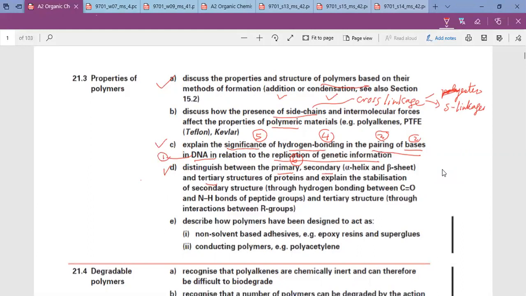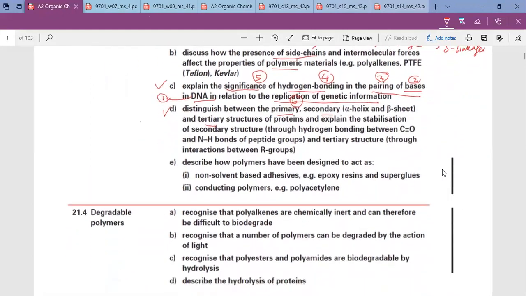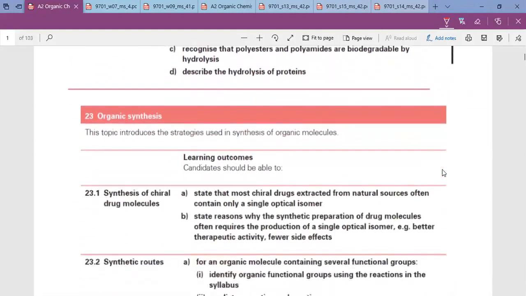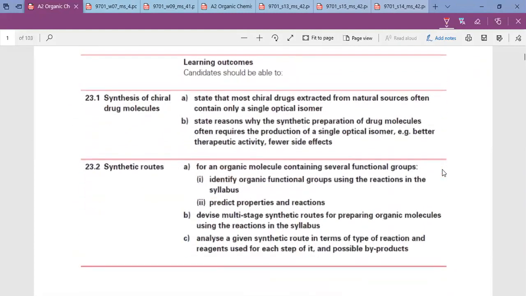And lastly, which I want to finish off today with, organic synthesis. Now there are two parts here. The first part, I cannot do it online because we will use a book, our textbook, so I will do it in class. Synthetic routes is a summary of all the functional groups you learned.